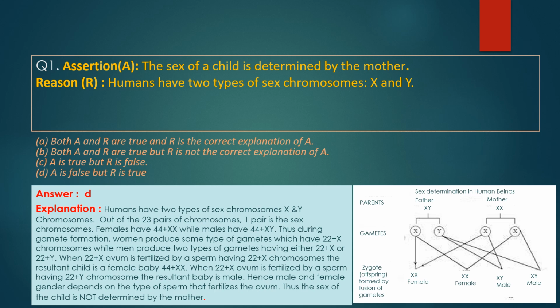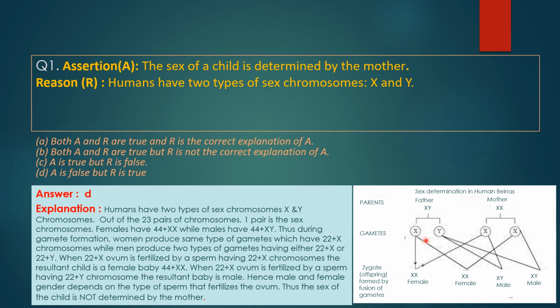Let's look at the sex determination in human beings. The father or the male in humans have two sex chromosomes, X and Y. The mother has two sex chromosomes, X and X. So the sperms produced by the father are of two types. 50% of the sperms are X, that is carrying X chromosomes.